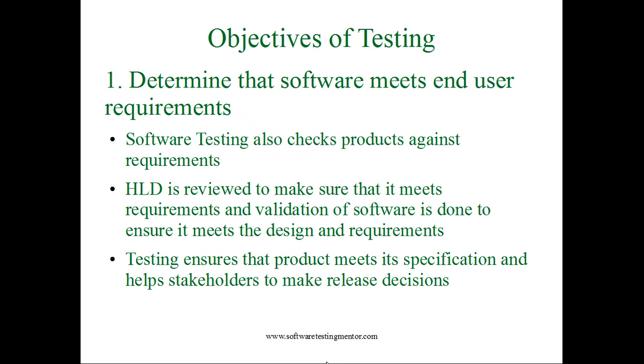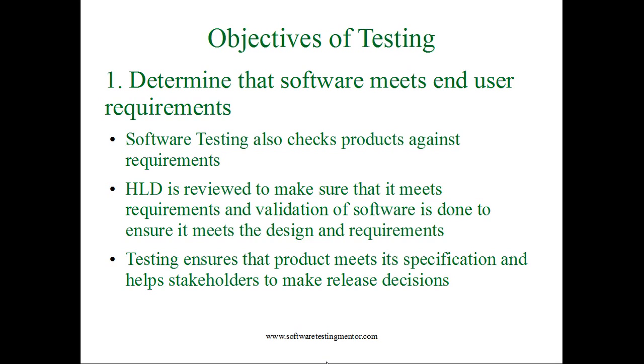Then the second part of software testing is objectives of testing. What are your objectives after you are involved in the software development lifecycle and you are doing the testing?